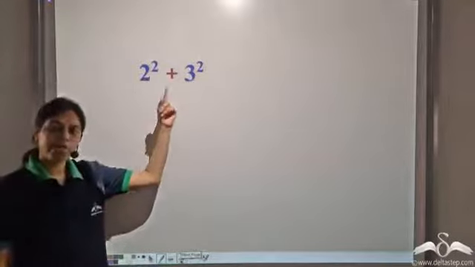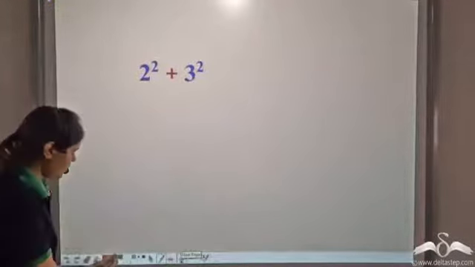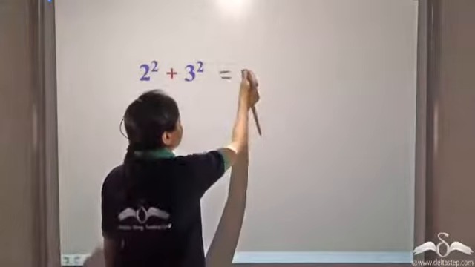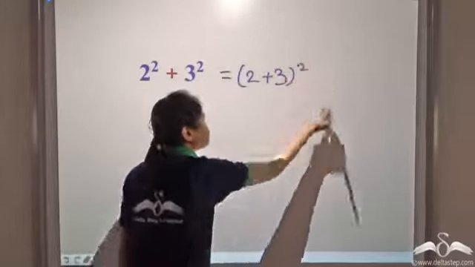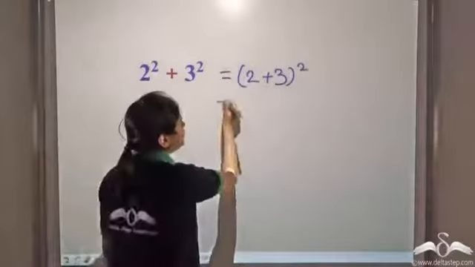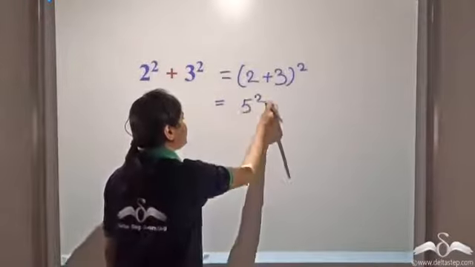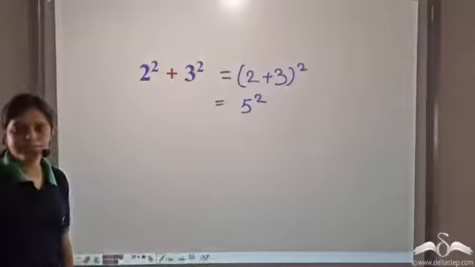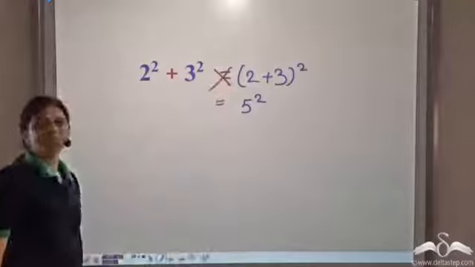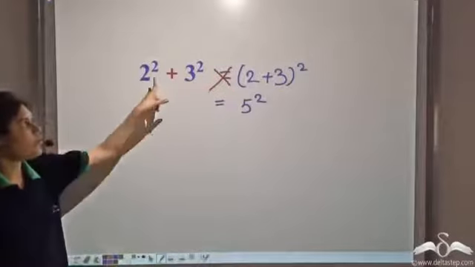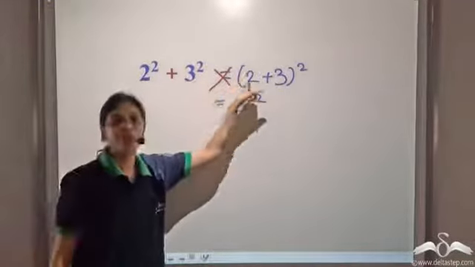Now we have 2 square plus 3 square. Can we write it as 2 plus 3 square, which is equal to 5 square? Can we write it like this? Well, no. This is not correct. We cannot take this exponent common.